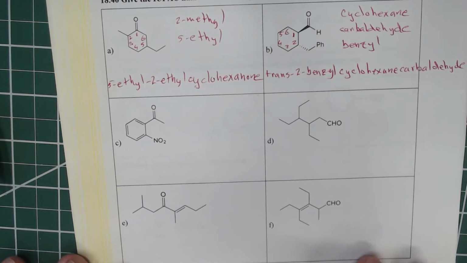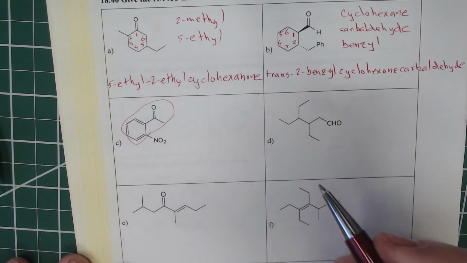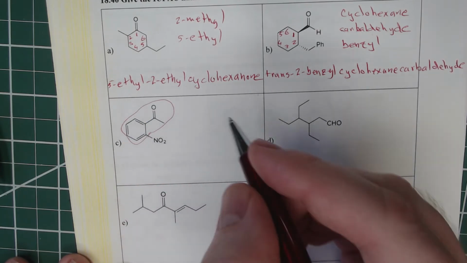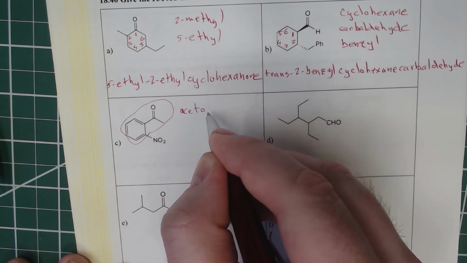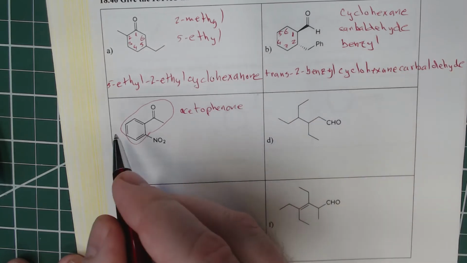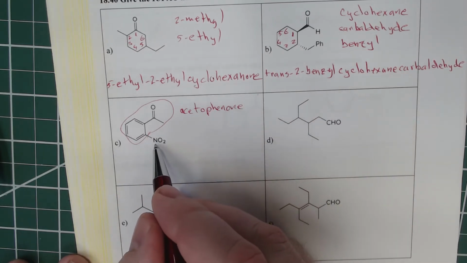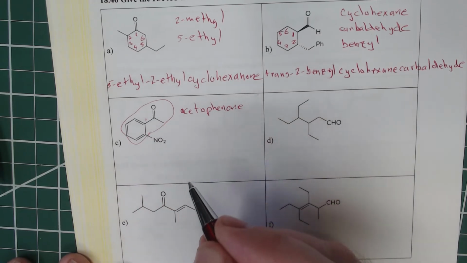All right. On this next one, we've got this whole functional group here, right? And that we can refer to as acetophenone. That's a commonly used name. So acetophenone, and that's that whole part there. And then we just have to remember that that's going to be the 1 position.